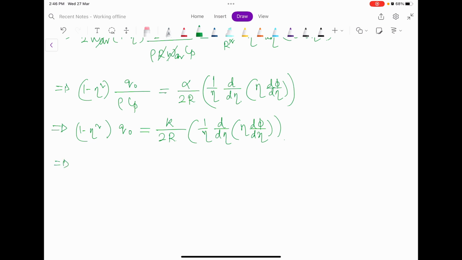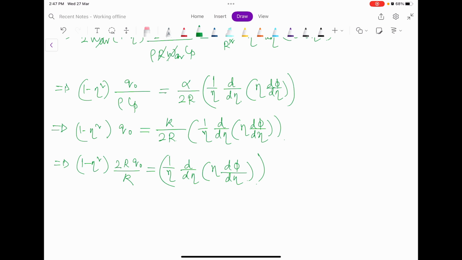If I refine it more, then it is 1 minus eta square, 2r q naught by k, that is equal to 1 by eta d d eta of d phi d eta. Can you tell me whether this equation is non-dimensionalized or not?